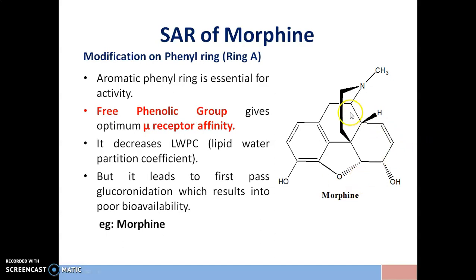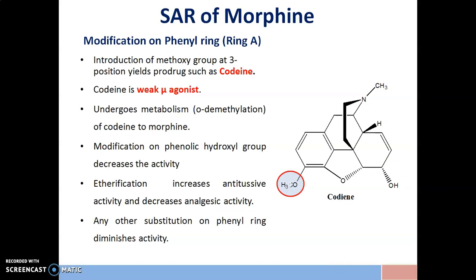So you can see here, this is the structure of morphine. It contains a hydroxyl group at 3 and 6th position. Introduction of a 3-methoxy group yields the compound codeine. Codeine is a weak mu agonist.